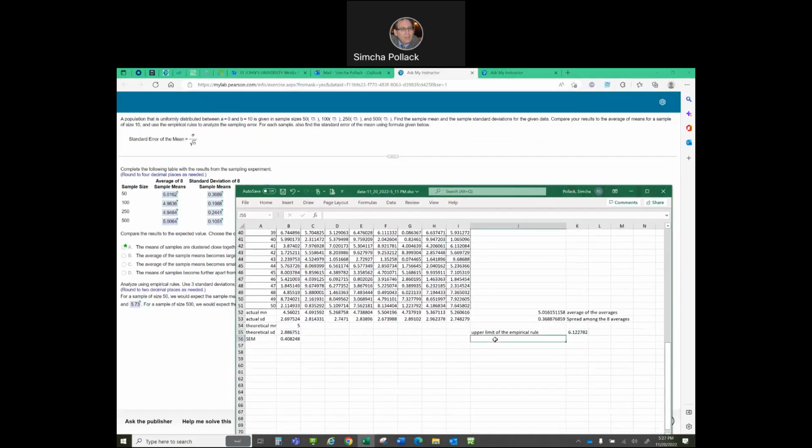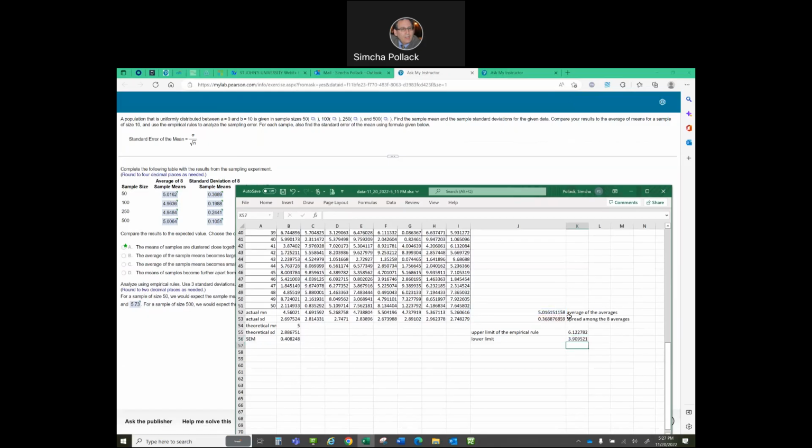The lower limit of the empirical rule is you subtract. It equals the grand average, which we said is 5.016, which is in column J52, minus 3 times the standard deviation among the averages, which is J53.